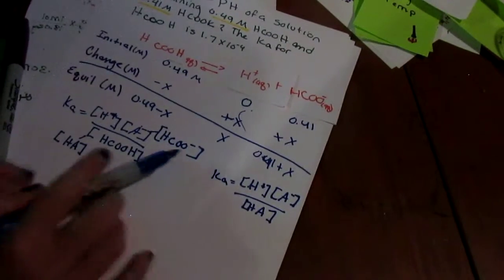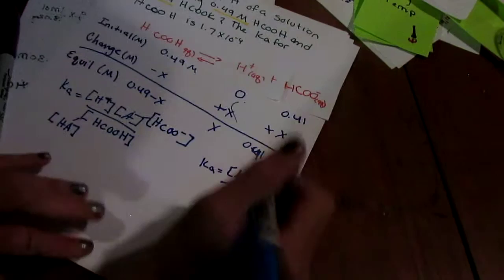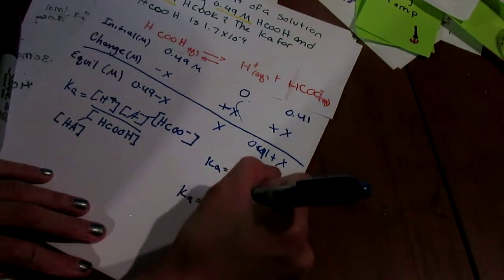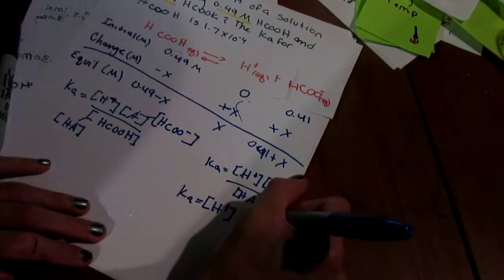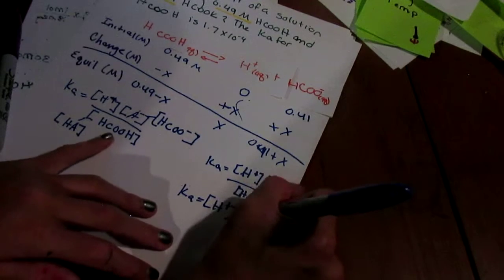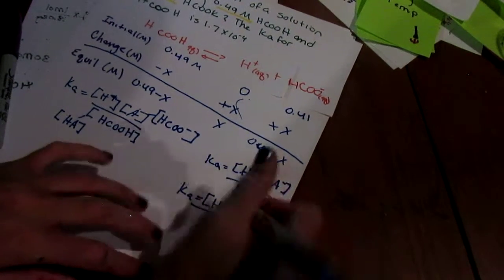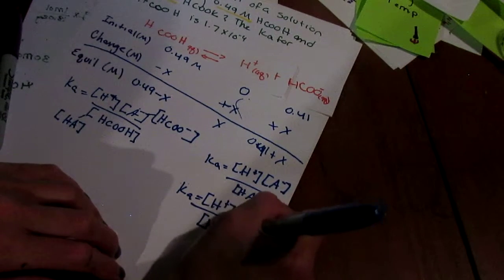So basically we would plug all of our information into here, and that's what I was doing over here. Ka is equal to our hydrogen multiplied by our concentration, all over our acid.